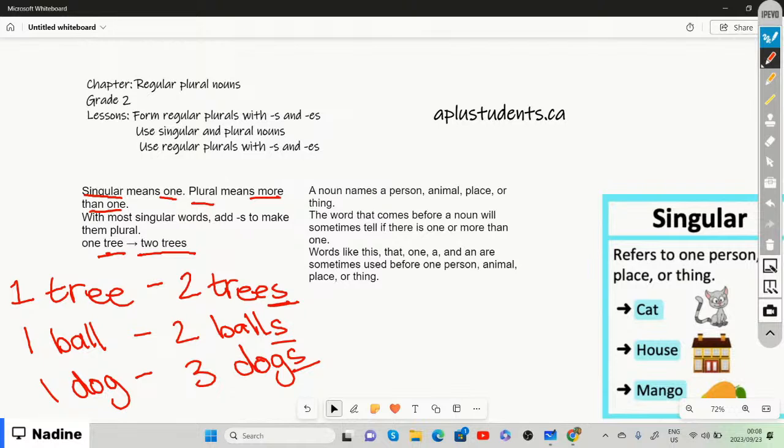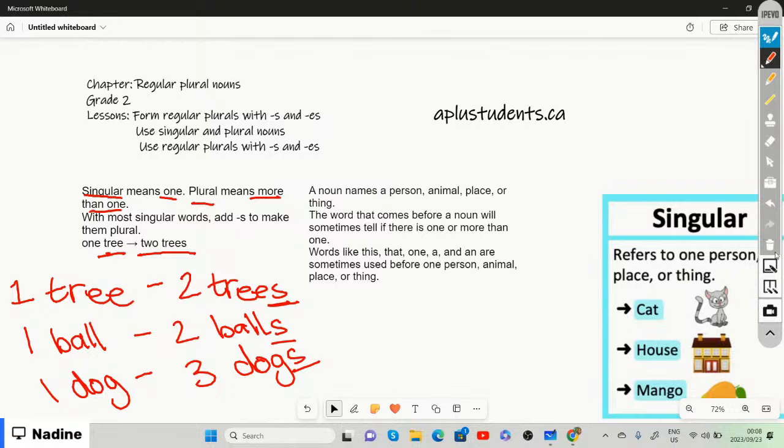All right. So that is basically examples of singular as well as plural. So once again, singular means one and plural means more than one.